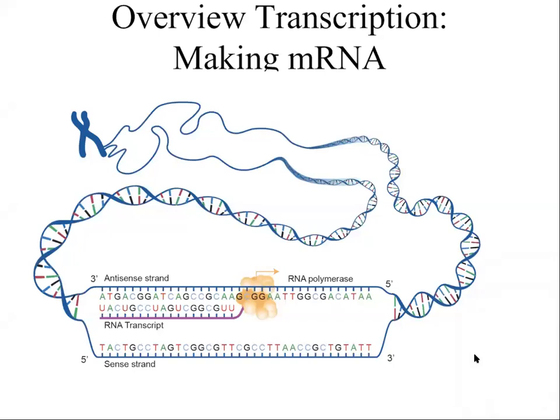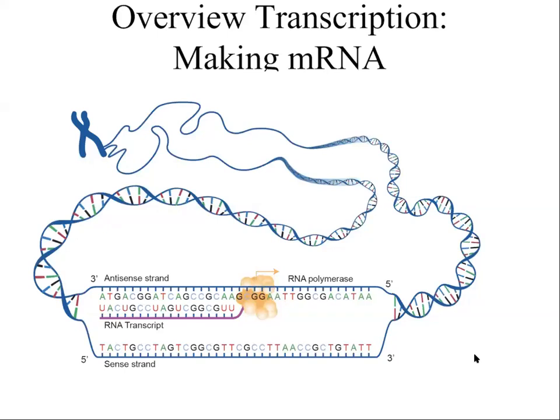So big picture of what's happening here. In order to make messenger RNA, the DNA needs to unwind. And RNA polymerase, the enzyme, can make it unwind. And then you have two sides to the DNA molecule.